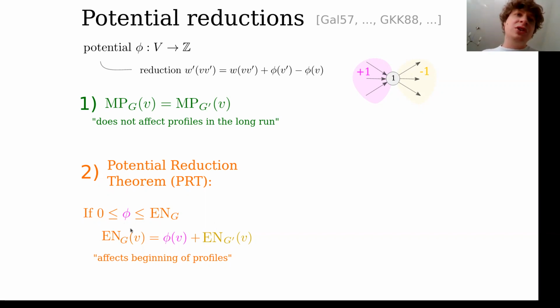The intuition behind this theorem, which is really not too hard to prove, is that this potential will just affect the very beginning of the profile, but then after this, it's going to be the same profile.